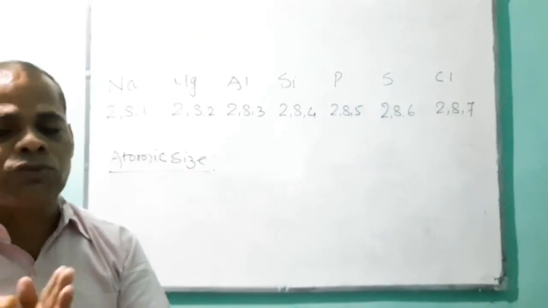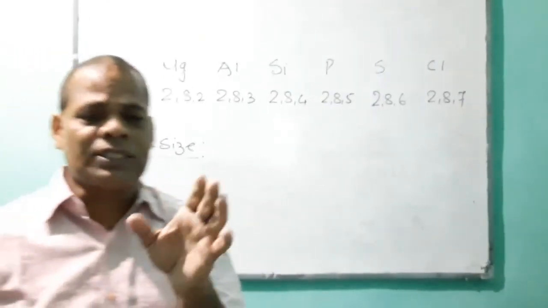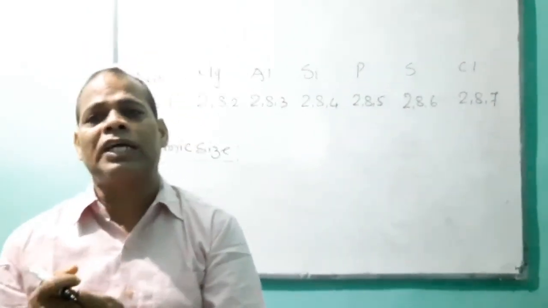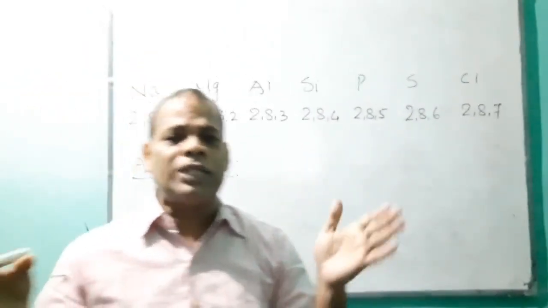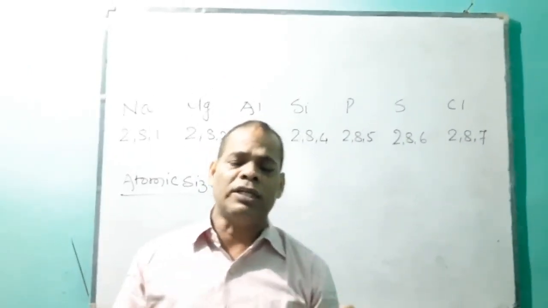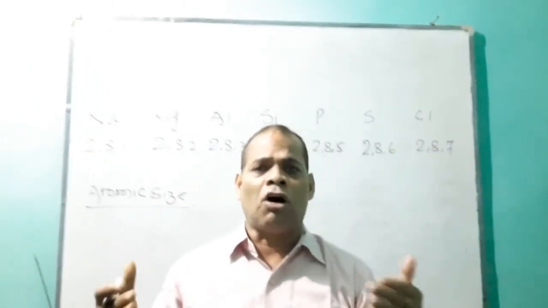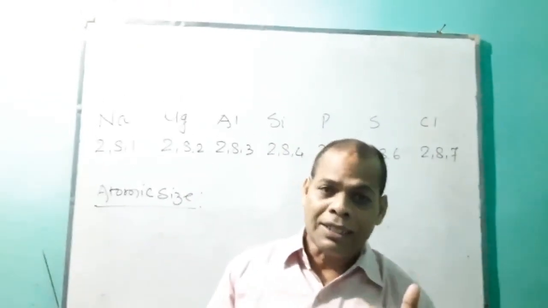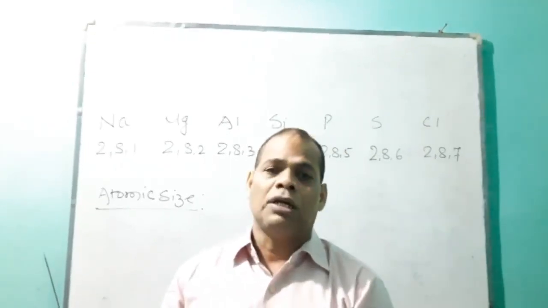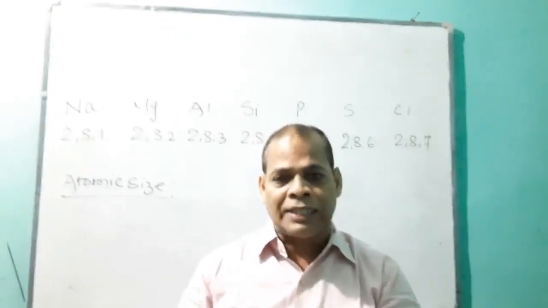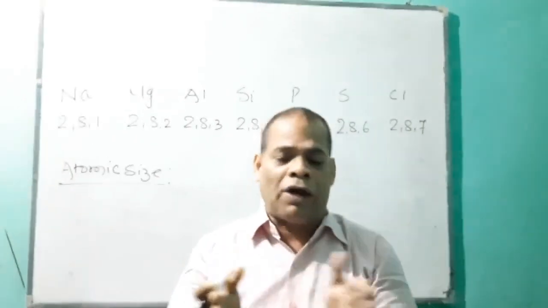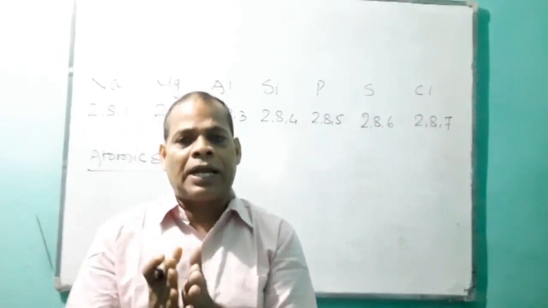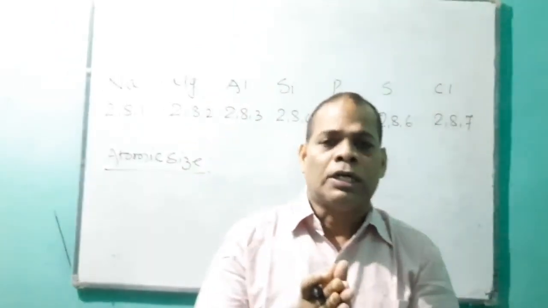My dear students, as you know, the nucleus contains protons, which are positively charged, and the electron is negatively charged. Now the force acting between this nucleus and the electron is the electrostatic force. Now the magnitude of electrostatic force, you have studied how to find out the magnitude of electrostatic force of attraction or electrostatic force of repulsion.